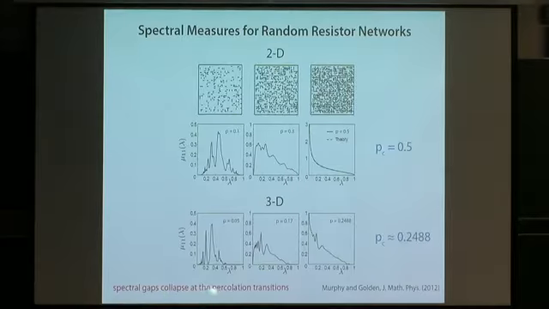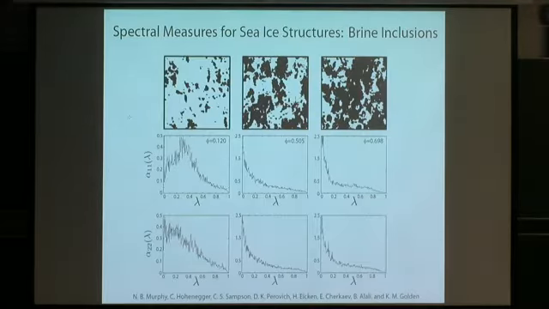The spectral gap collapses as you approach the percolation threshold. You see there's a gap, it gets smaller, and finally, in 2 dimensions, 50% is the threshold: gap, smaller gap, no gap. That's a key mathematical feature of how percolation theory connects with these Stieltjes representations and the spectral measures. This is the brine phase, spectral measures in the 2 different directions.